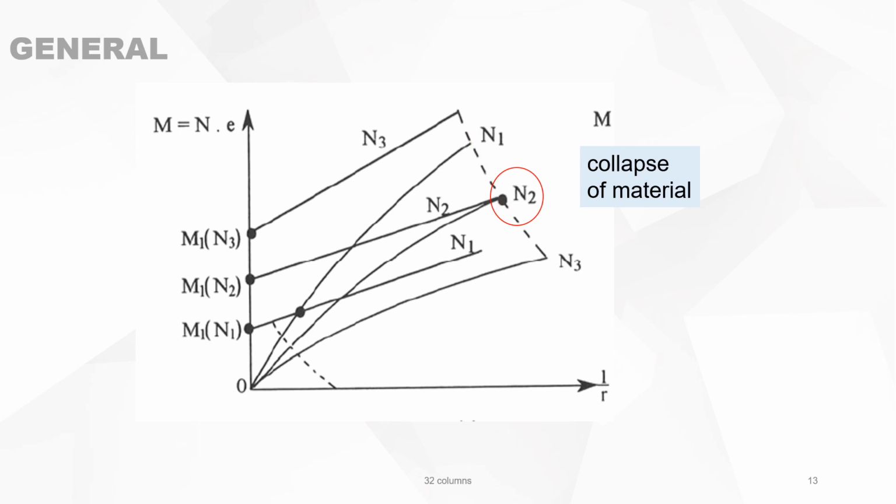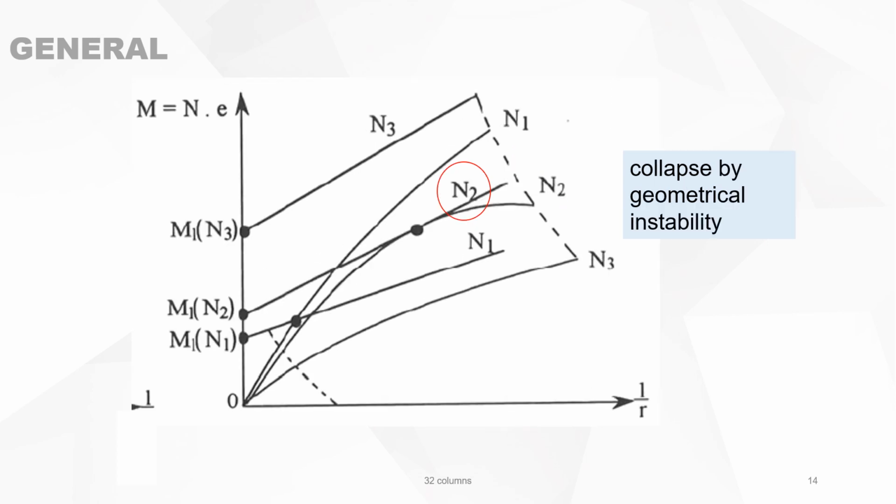It's not the slenderness that is making the column collapse, but it's internal. It's the material, in fact, that collapses. When you have a situation like this for N2, then this is a collapse by internal stability, the geometrical instability. So it will be the slenderness that is not enough.